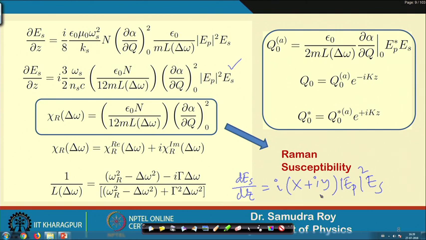Mind it, this x plus i y now has a real part and an imaginary part, but one i is there, and if I multiply this i with these, this quantity will change again, and we have i x times this quantity and minus i y times this quantity. So there will be two different parts. One basically gives rise to something related to amplification, and the other term will give you something related to the phase.